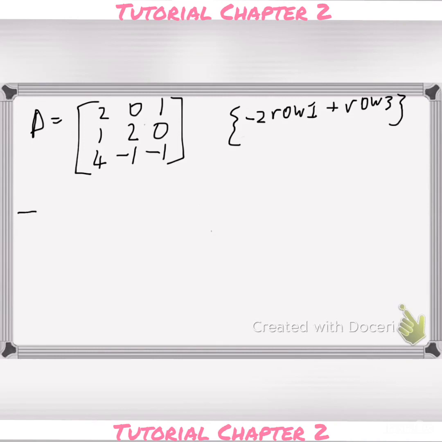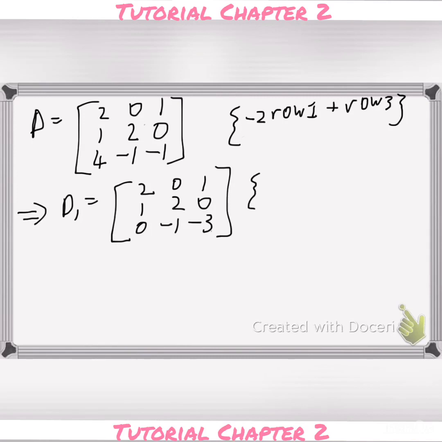Okay, so that gives me the matrix D1, which is going to be 2, 0, 1, 1, 2, 0, 0, minus 1, minus 3. Then I'm going to take half times the first row, yes, it is going to be negative a half.